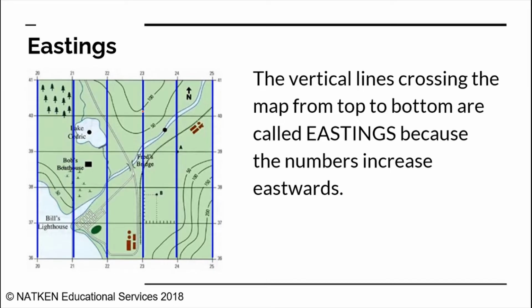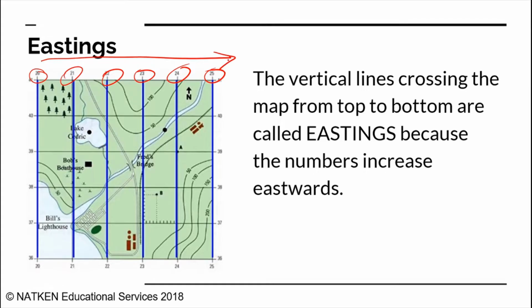These easting lines are vertical lines that run from the top of the map to the bottom of the map. They get their name because of the direction that the numbers increase in. For example, we're seeing 20 here, 21, 22, 23, 24, and 25. So these numbers are increasing in an easterly direction. As a result of that, they are called easting lines.